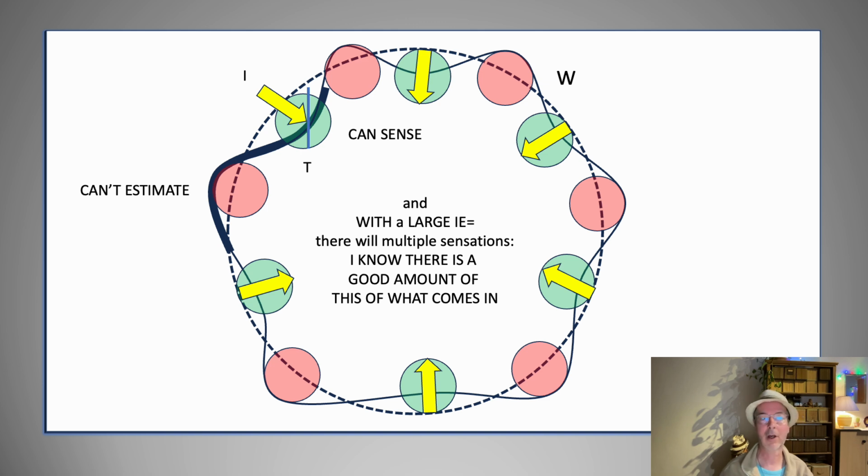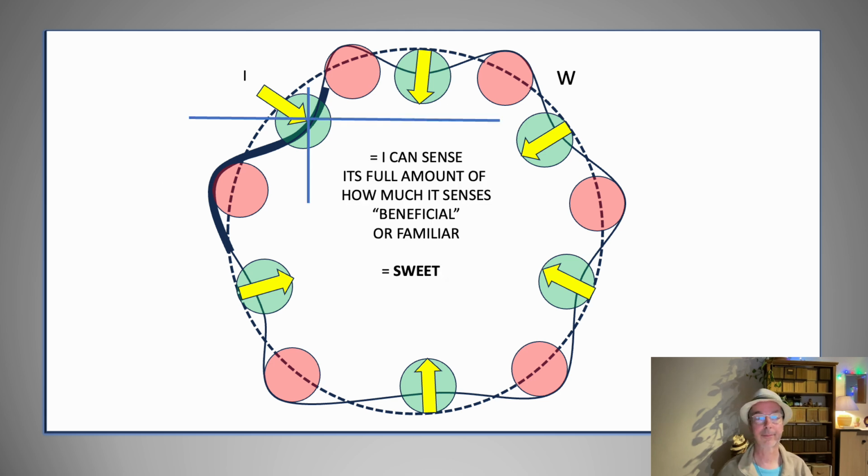I will have this whole multiple sensations, and I know also for sure that there will be a good amount of this, and that I can not only give it the time, I can also sense the beneficial thing of it, and that's how we perceive sweetness compared to sourness.